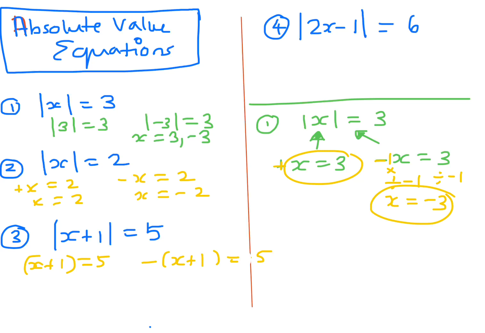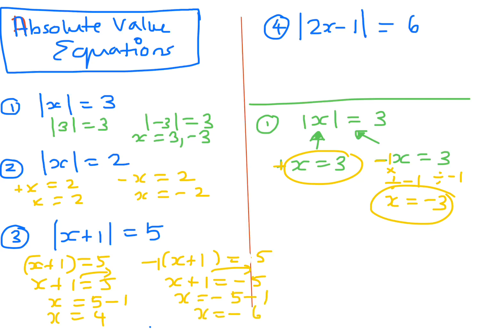And then if I divide by the minus on the other side, I get x plus 1 equals minus 5. So you can go straight to x plus 1 equals 5 and x plus 1 equals minus 5 if you want to. But the concept basically is what's inside could be positive or negative. Take the 1 away, so 5 minus 1, so x equals 4. Take the 1 away, so minus 5 minus 1, so x is minus 6.